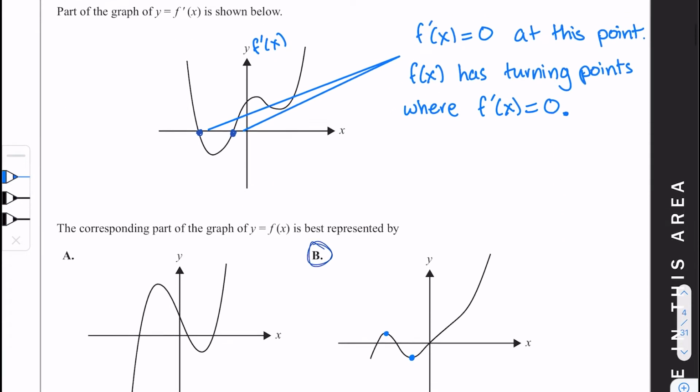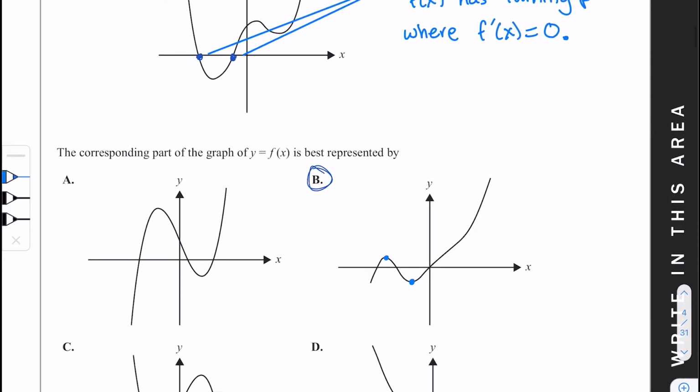Question 6, all right, this is a good question for your exam book. We have a derivative graph here, so it's showing the slope at different x values. For different x values, it's saying what is the slope, what is the derivative. And the derivative here is equal to 0, because this is 0. We know when the derivative equals 0, that's a turning point on the normal f of x graph.